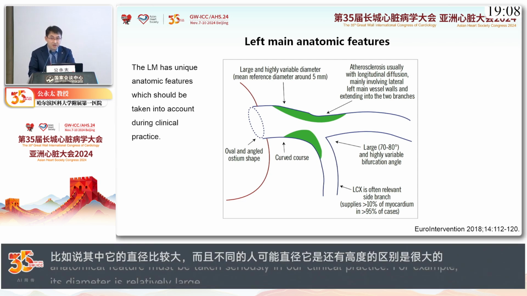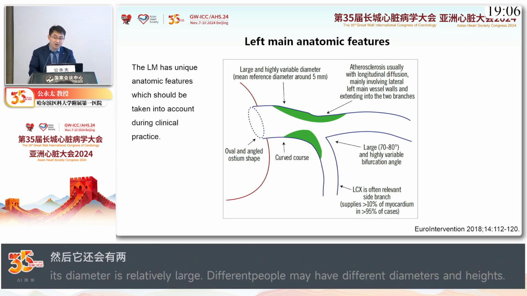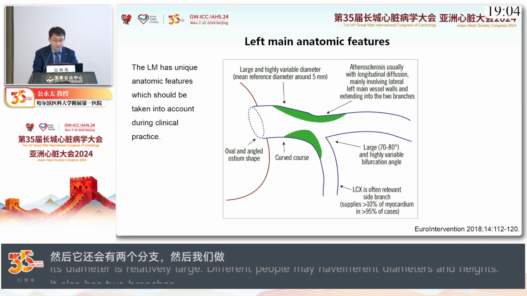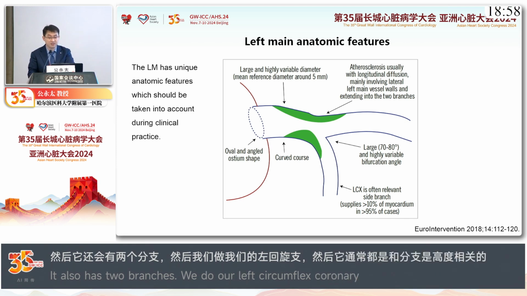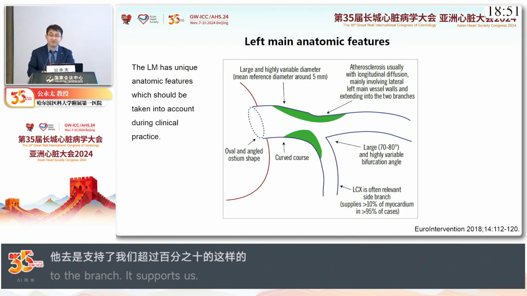The left circumflex branch is often relevant because it supplies more than 10% of myocardium in most cases, and it's very important for the decision of the intervention for the left main.